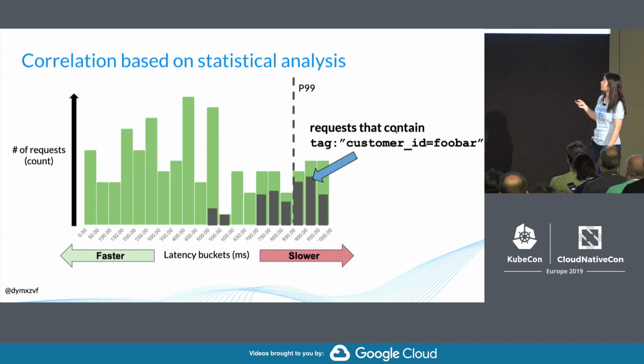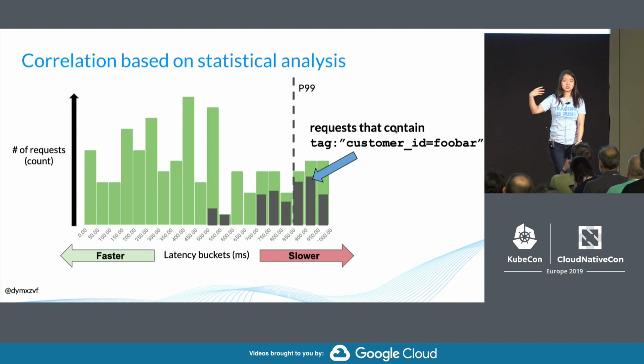You have some over here, so it's not a perfect correlation, but that's not what we're looking for. We're just looking for the first hint towards where you should go with your investigation. Remember, what you started with is basically nothing. You know something is wrong, you got paged, or you saw something wrong with your metrics dashboard. You come into a view like this, and you just want the system to run these analyses and suggest to you the characteristics that are abnormal, the characteristics that point at something that might be wrong.